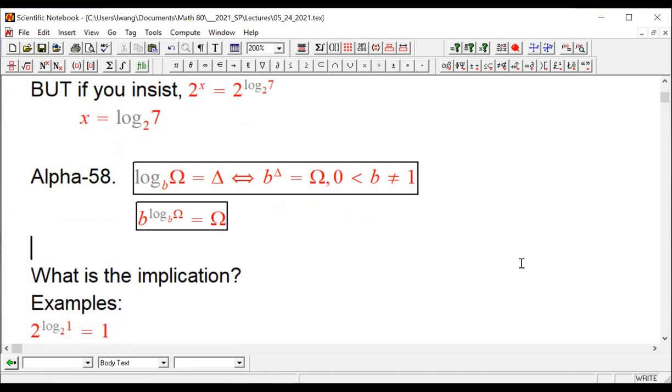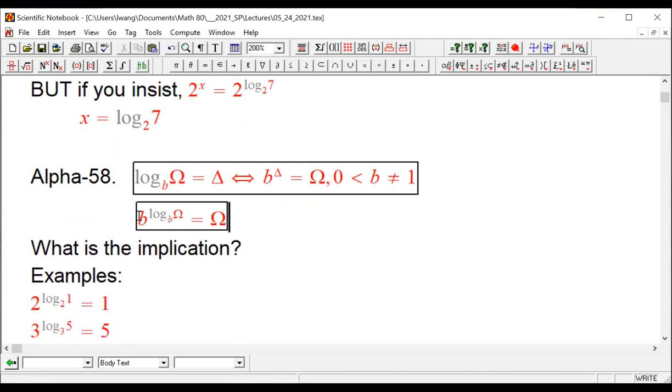Let's look at the other implication. What is the implication? We have asked that question.